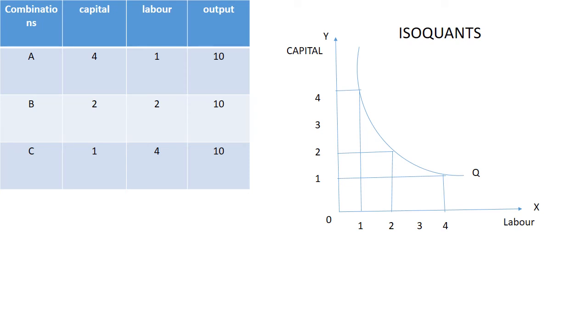In combination B, 2 units of capital and 2 units of labor. And combination C, 1 unit of capital and 4 units of labor. So we get 3 points here. All these 3 points produce the same amount of output. So that we call it as isoquant.